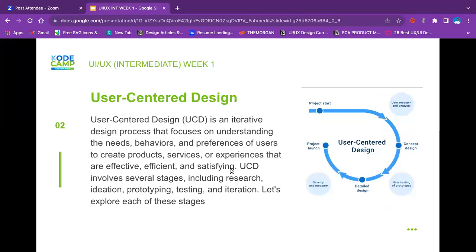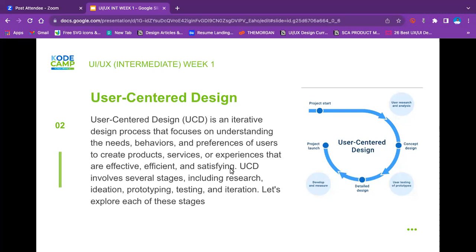So now, what is user-centered design? I know that we are not new to this particular concept, because from the tasks we gave you to do to move over to intermediate level, we had to follow the user-centered approach, and most of us actually did well. So now, what is the user-centered design approach?